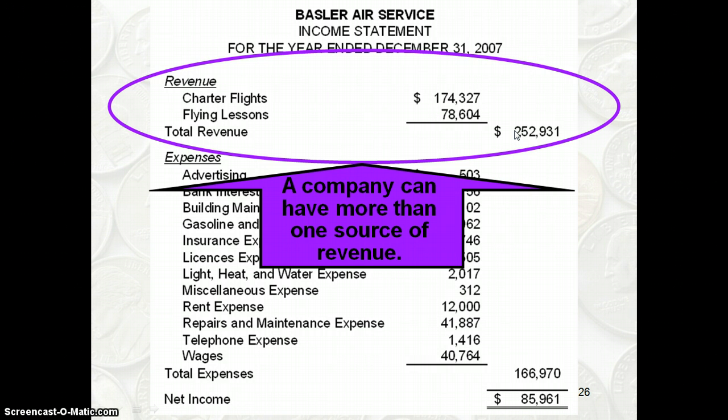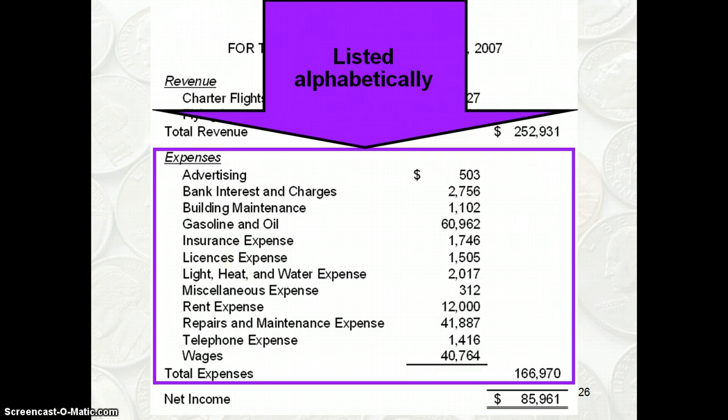Once you have completed the revenue section, the expenses will be recorded. You will title the expenses section Expenses, and then you're going to list all of the expense accounts in alphabetical order, from A all the way down to Z. Once you've done that, you're going to list their monetary values. So advertising is $503, bank interest and charges are $2,756, and so on and so forth.